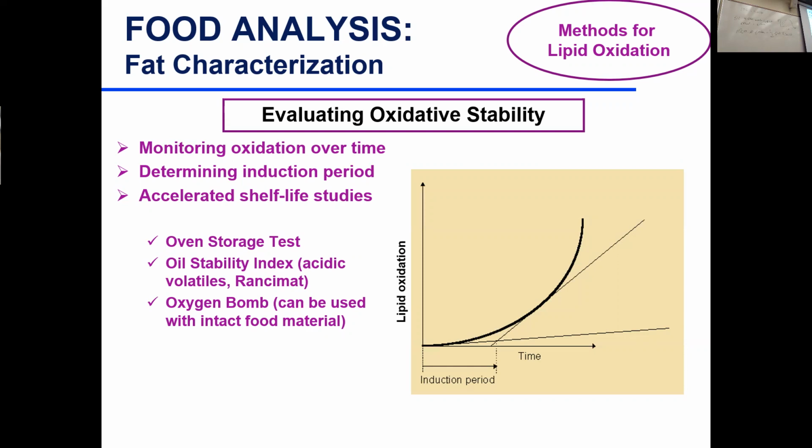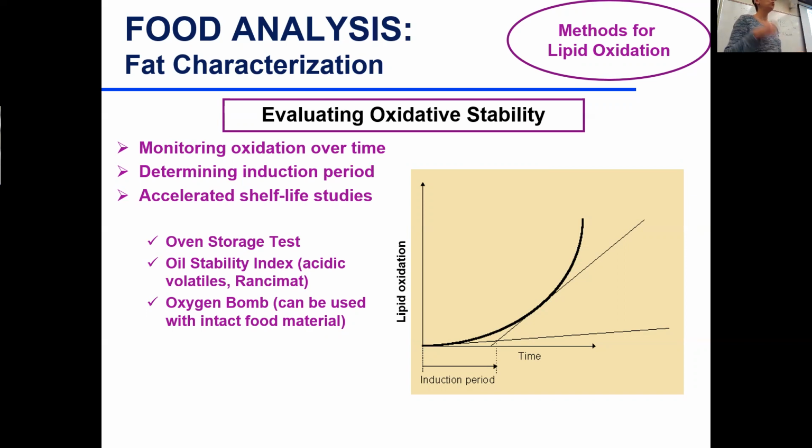The induction period is the time it takes from time zero when it's fresh to time X where you start detecting oxidation. So that's the induction period: the period that the oil remains fresh until oxidation kicks in.